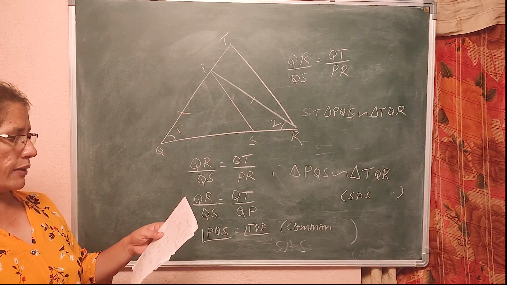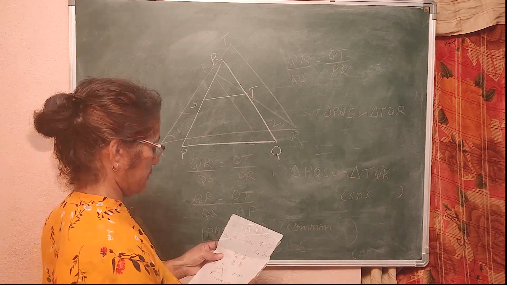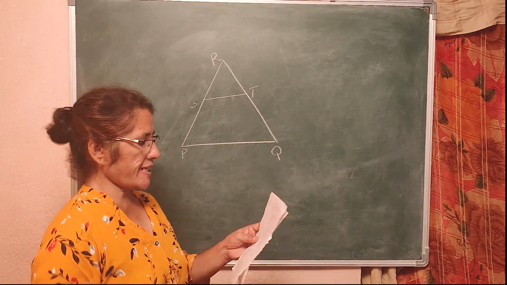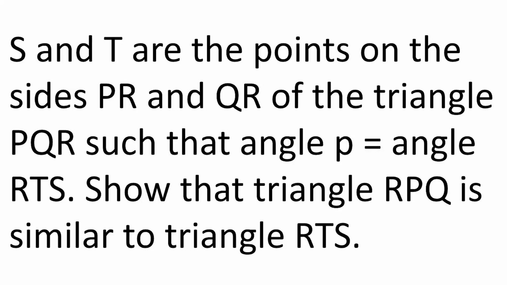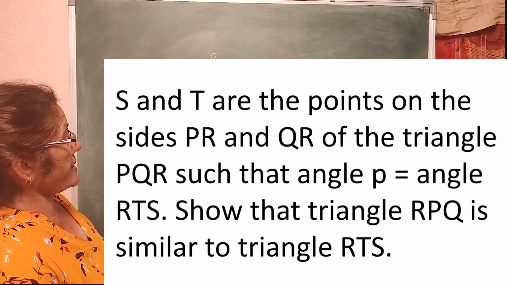Let me do one more sum. The question is like this. S and T are the points on PR and QR such that angle P is equal to angle RTS.